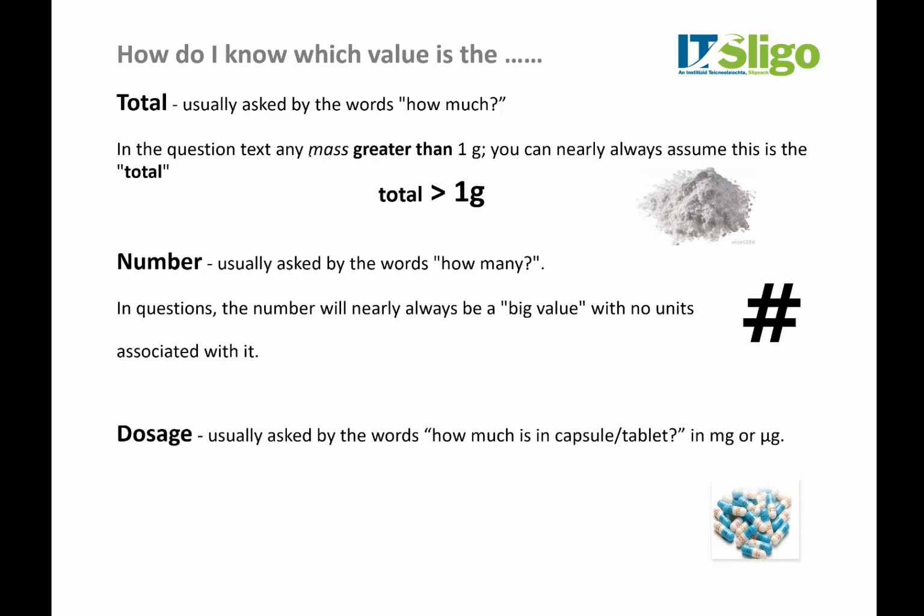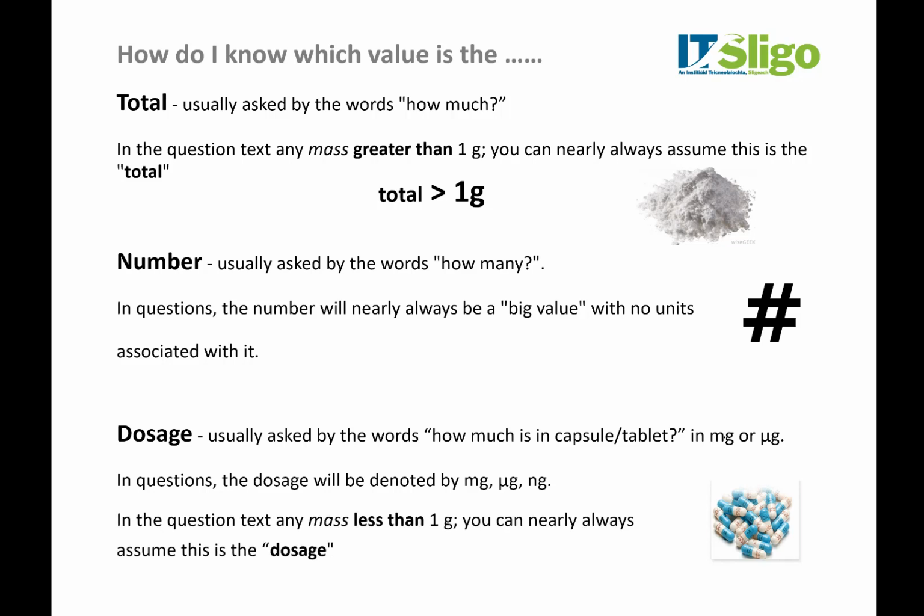And now the dosage, how much is in each capsule, tablet, and then we might often require your dosage to be in milligrams or micrograms. So anytime you see milligrams or micrograms, guys, that's the dosage. And in general, any value given less than 1 gram, you can nearly always assume that that's the dosage.